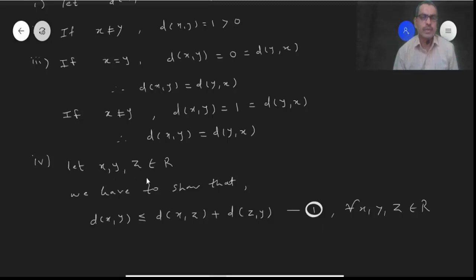Here let x, y, z belong to R, and we have to show that d(x,y) is less than or equal to d(x,z) plus d(z,y), say equation number 1, for all x, y, z belonging to R.